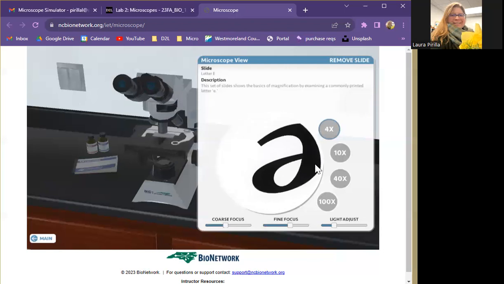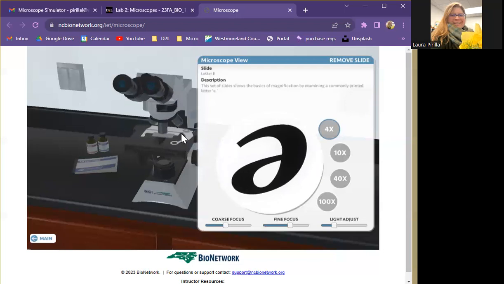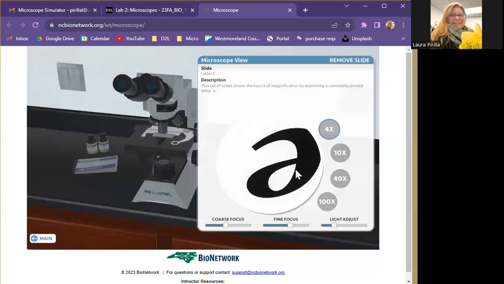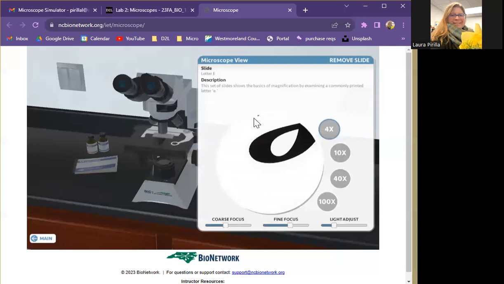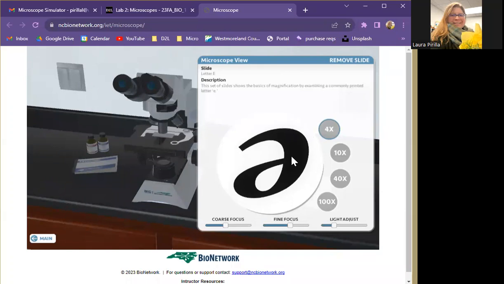And yeah, this represents moving the stage around when I click it and drag it. On the stage, we have this slide mover thing. And when the slide mover moves around, it moves this black part on the screen, as well as this silver part that represents part of the microscope that moves the slide around relative to the objective lens, so that you can look at different parts of the slide.